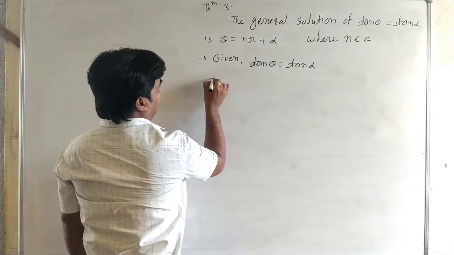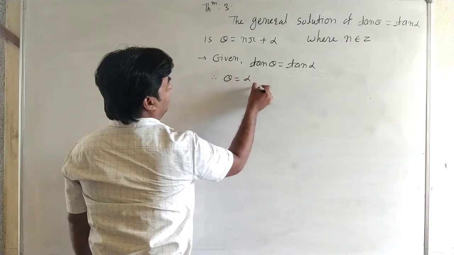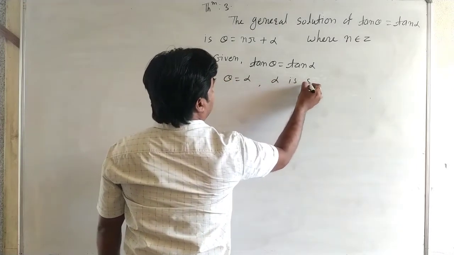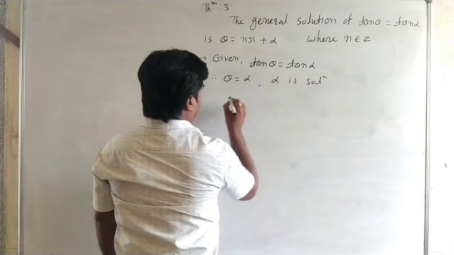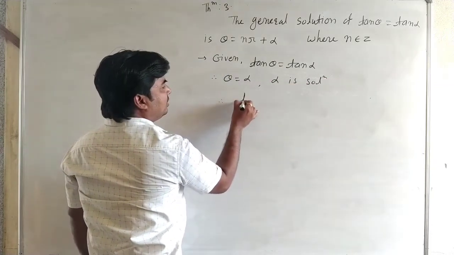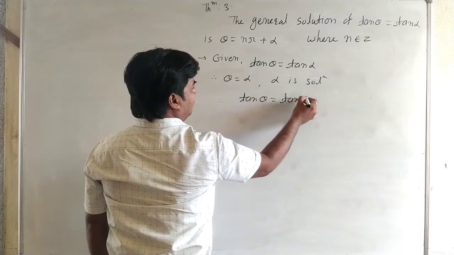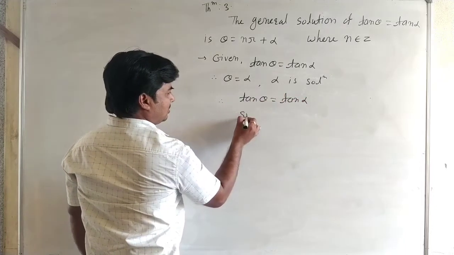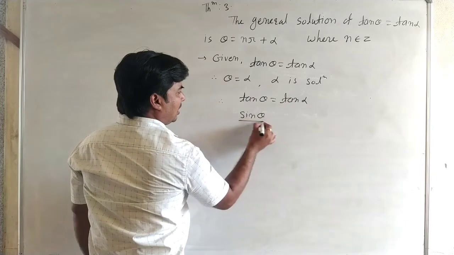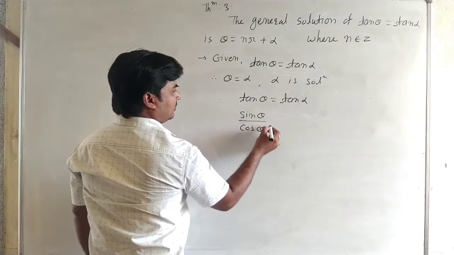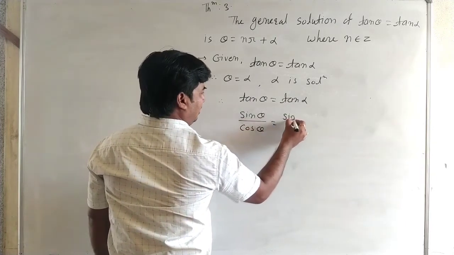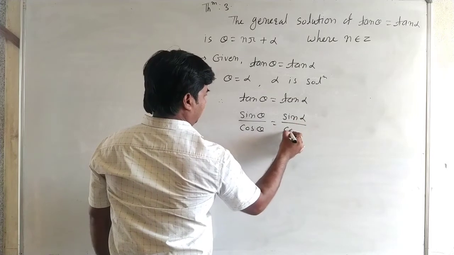Therefore theta is equal to alpha, alpha is a solution. Now here tan theta is equal to tan alpha, we can write it as sin theta upon cos theta is equal to sin alpha upon cos alpha.